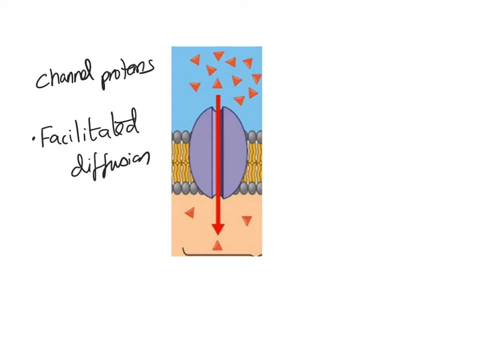If something is facilitated, it's aided. So in this case, the channel proteins are helping the molecules to diffuse across, but in this diagram they're still going down their concentration gradient. They're still going from a high to a low concentration, which means this process, in this example, is still passive.